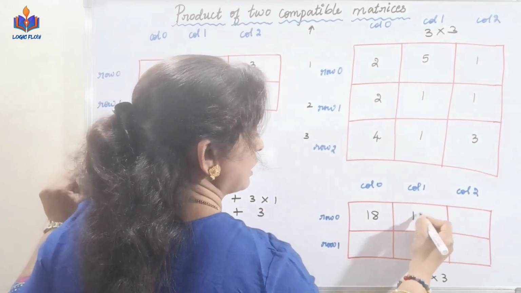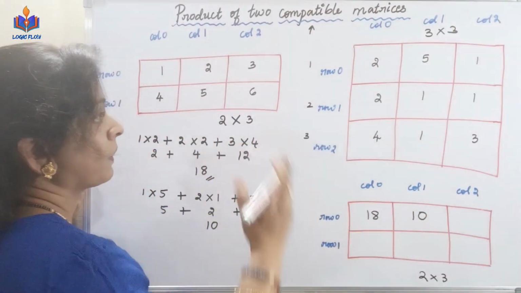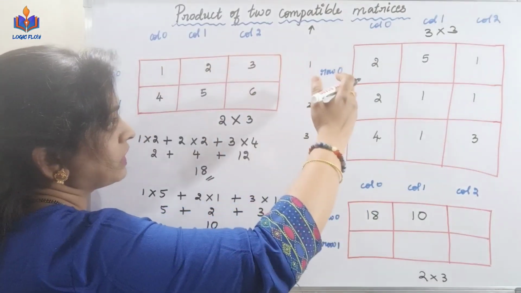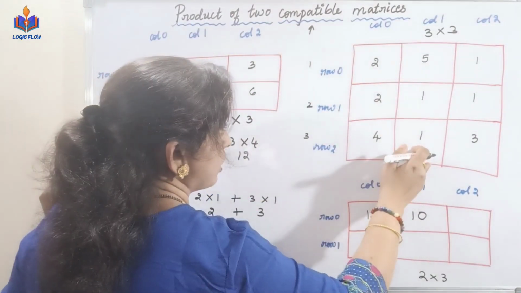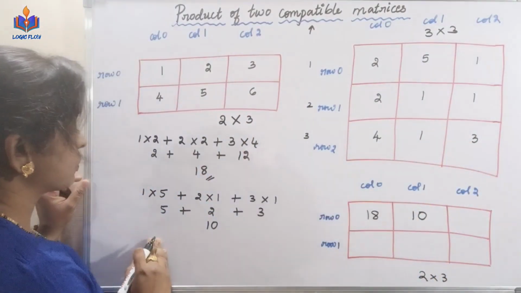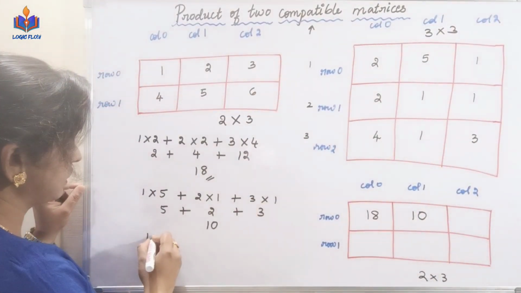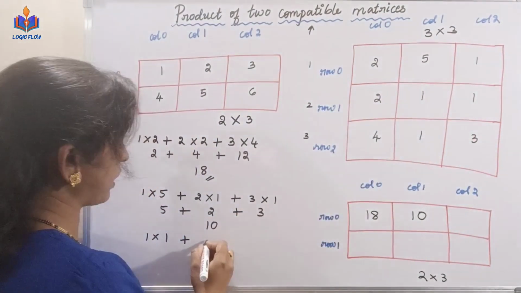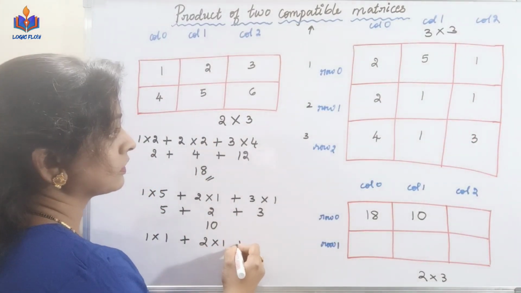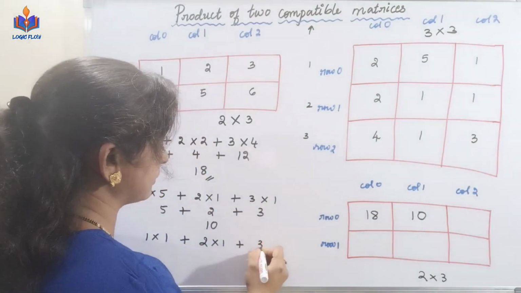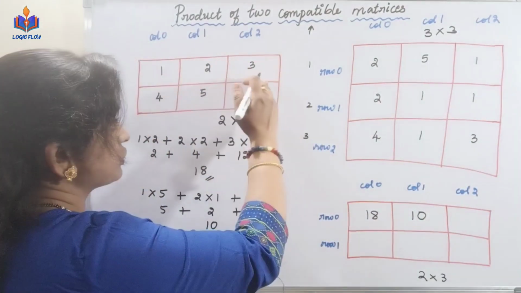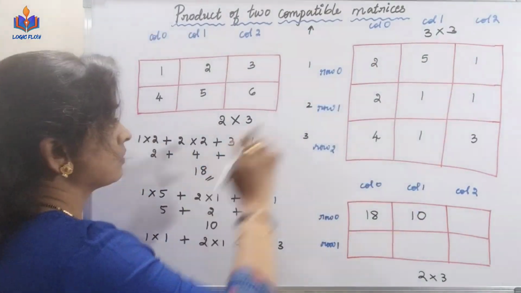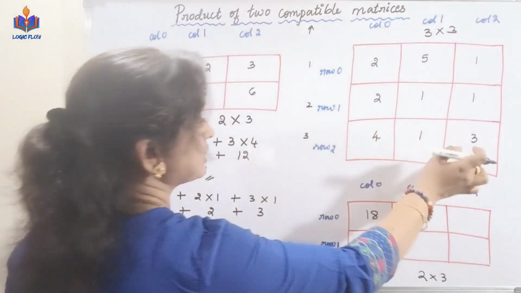So my next value will go to the next cell. Again, one more column you have, right? The first row is multiplied with the first column, done, second column, done, third column I need to do. So 1 into 1 plus 2 into 1 plus 3 into 3.